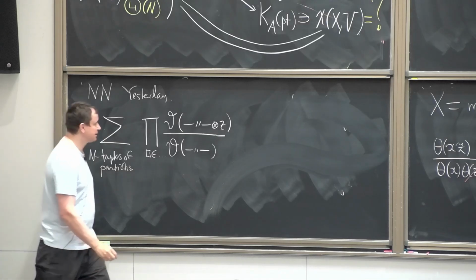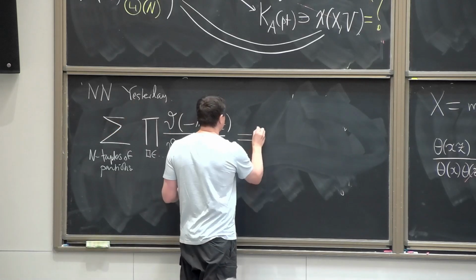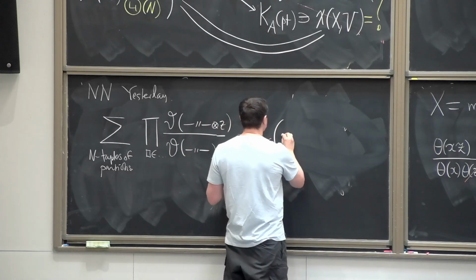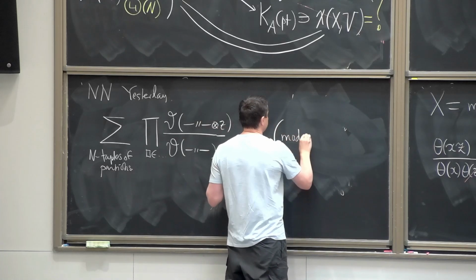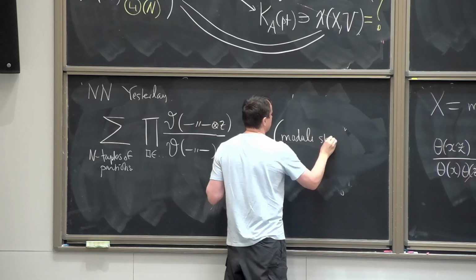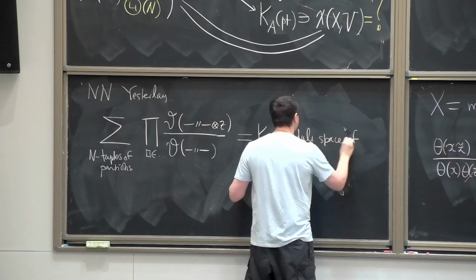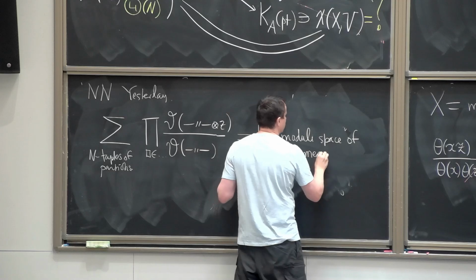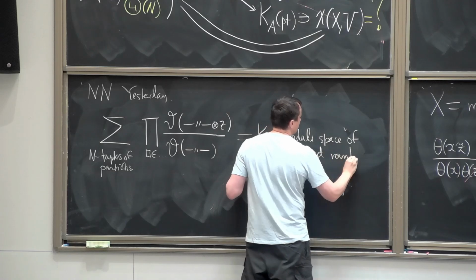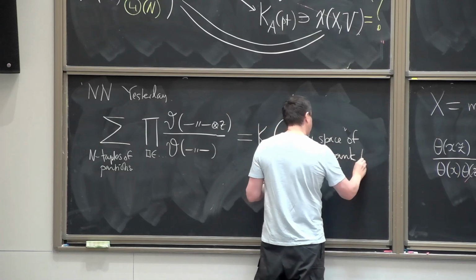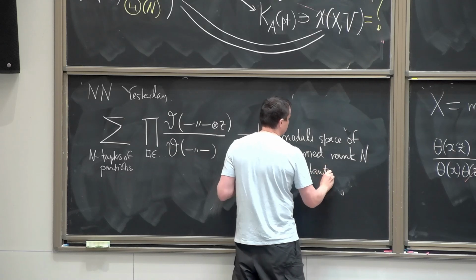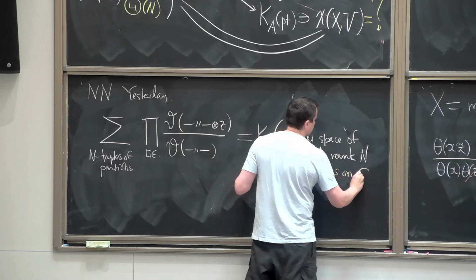And what it is, it's the Krichever genus of the moduli space of framed rank n instantons on C2.